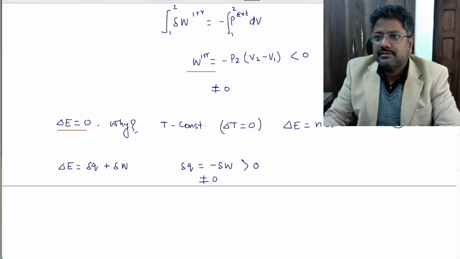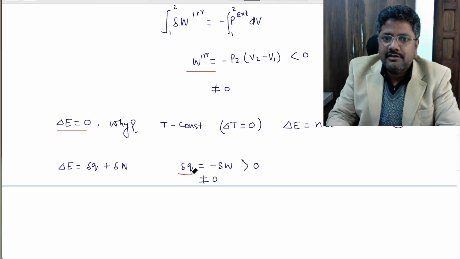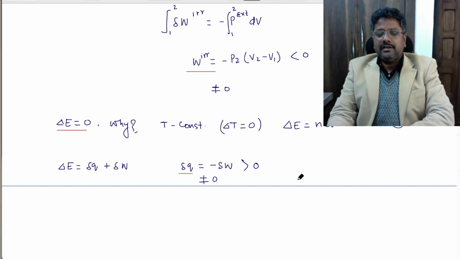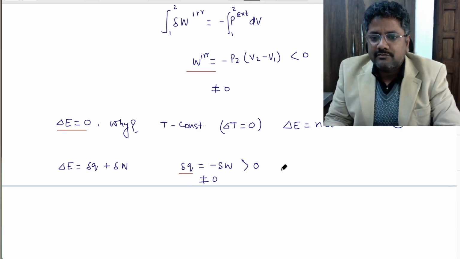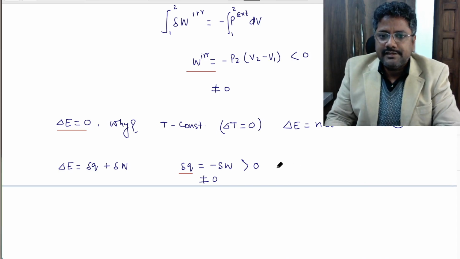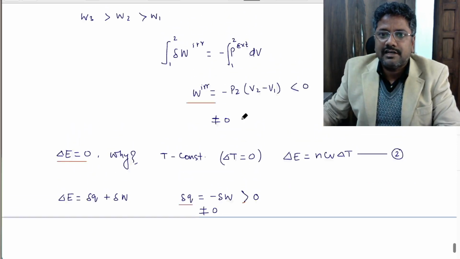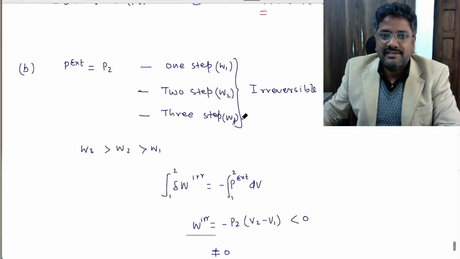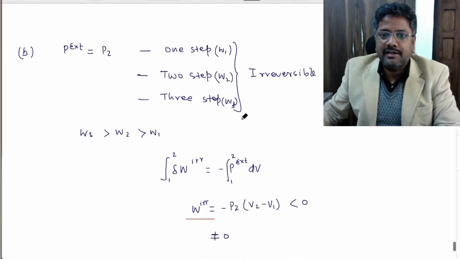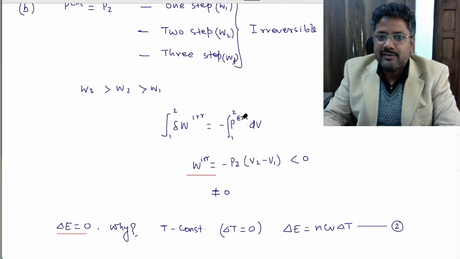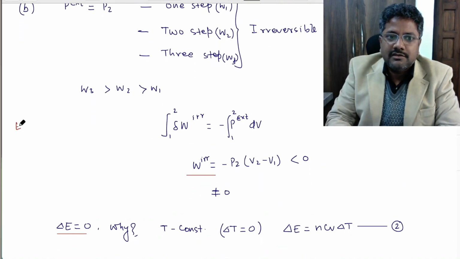So for an isothermal irreversible process, heat change is greater than 0, work is less than 0, and here I am taking expansion work, not compression.